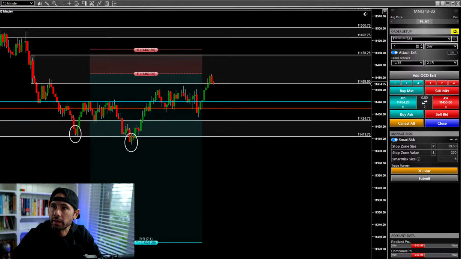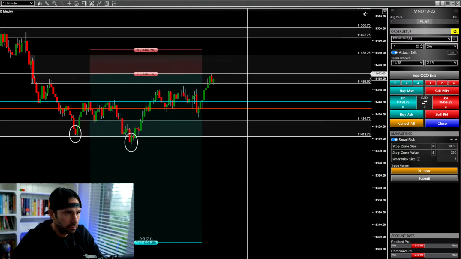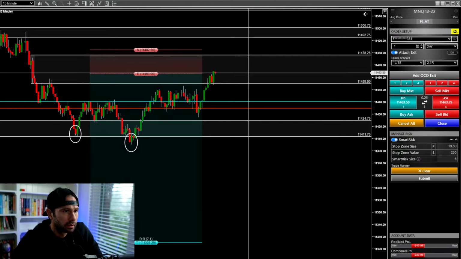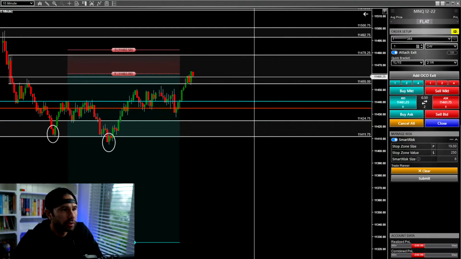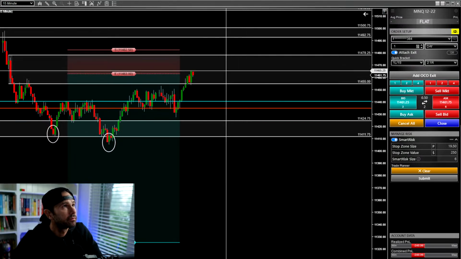The dollar's pushing higher. Right now it's sideways on the 5 minutes. So the tick chart is close to the zero line. I will not put this trade on until I have the tick chart above that.